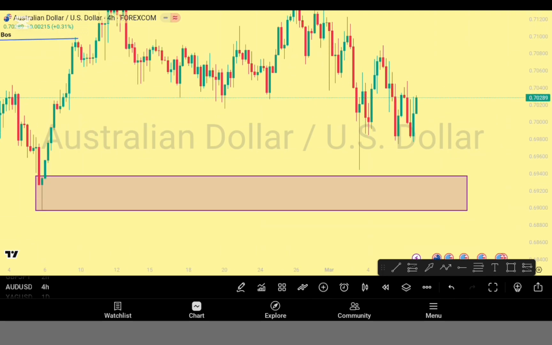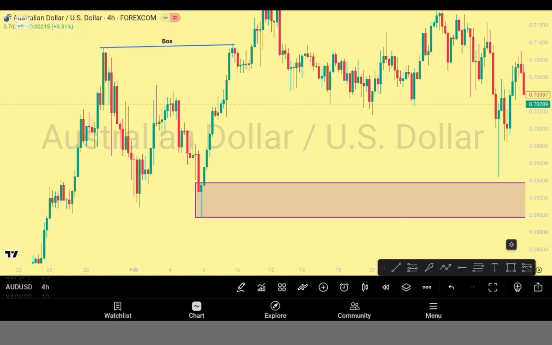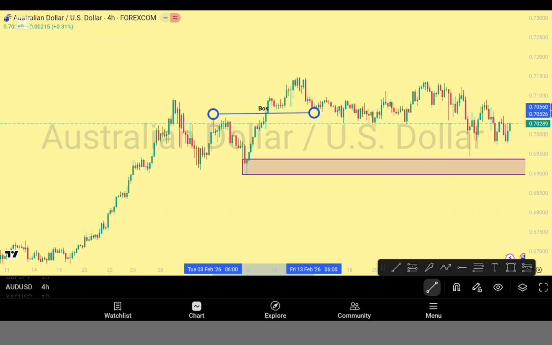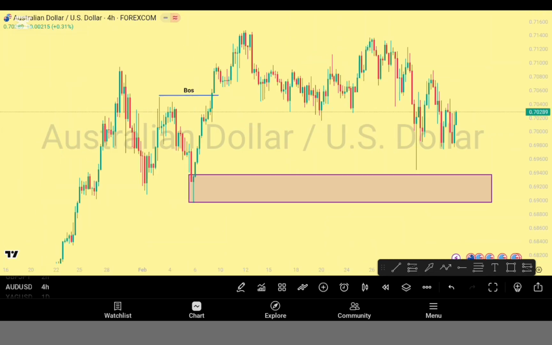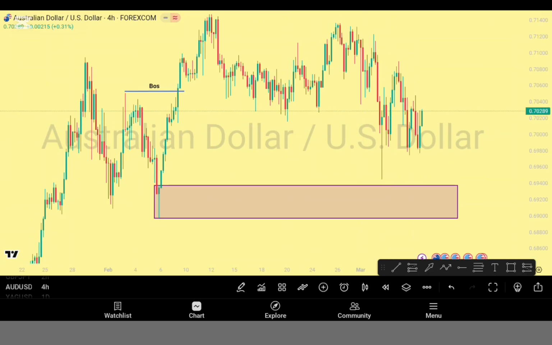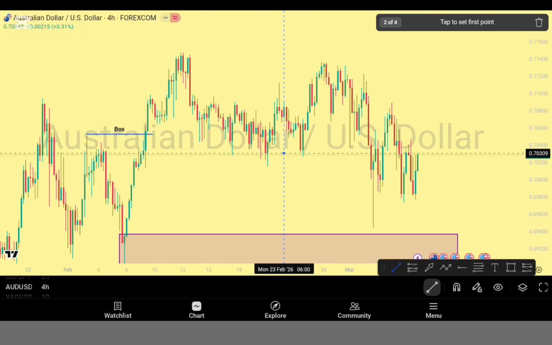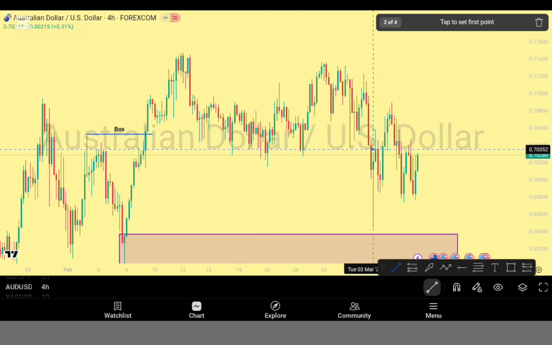So after this zone, remember what I told you, that we are meant to zoom with the structures of the market. So after this, market already cleared there. So we had this last break of structure to the downside. But let me just come here.